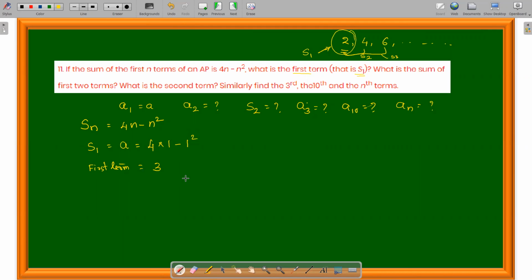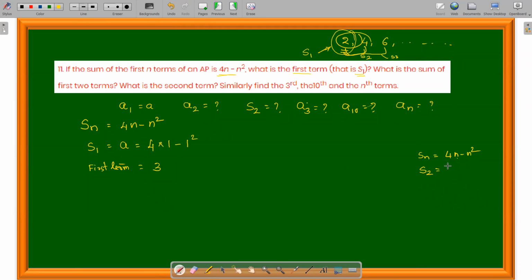Now the second term. It is the sum of two terms. How will we get the sum of two terms? This is the sum of n terms, given here as 4n minus n square. Now, if we substitute, S2 becomes the sum of two terms, isn't it? First term plus the second term.